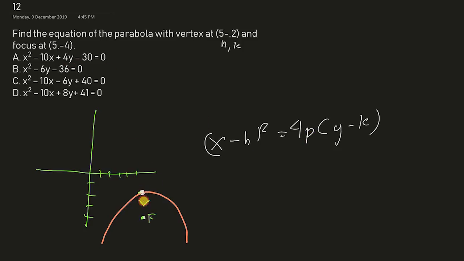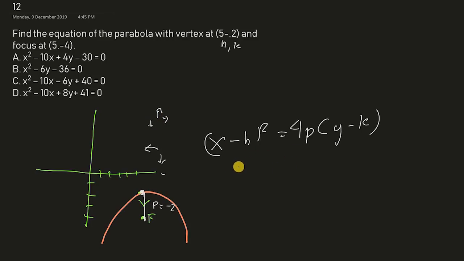And ang distance ng vertex to f is what we know as the p. Diba? Ang distance ng dalawang to is p. So, basically, isusubtract ko yung -4. Dito nasa -4, ito nasa -2. So, p is equal to -2. Bakit -2? Because it's going downwards. When it's going to the left or going down, that will be negative. When it's going up or going to the right, your p will be positive.